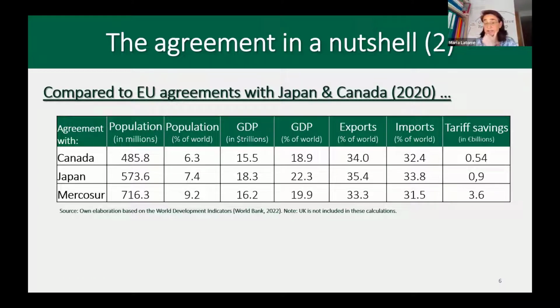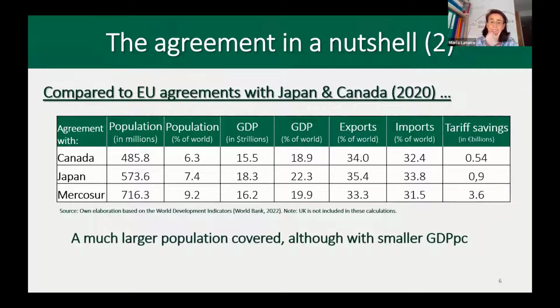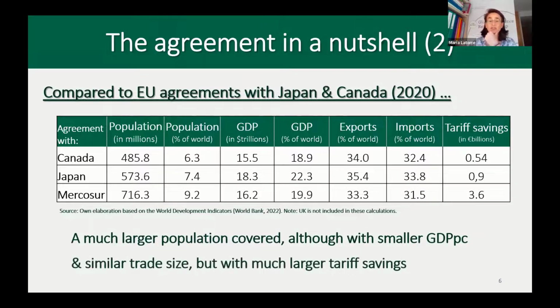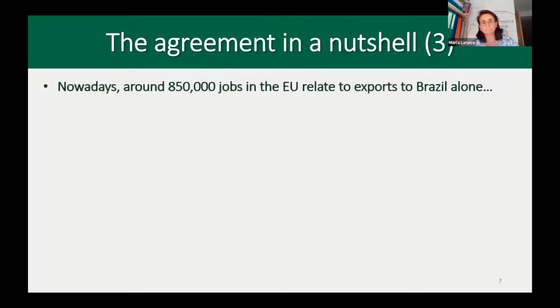In terms of trade it is slightly lower than the rest, but what is important from these agreements is the savings in tariffs, which is much larger than those previous agreements. Much larger population covered. It's true that they have a smaller GDP per capita than the two other countries, similar in trade, but much larger tariff savings. Now there are around 850,000 jobs in the EU related to exports to Brazil alone.